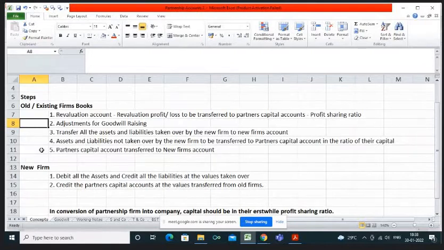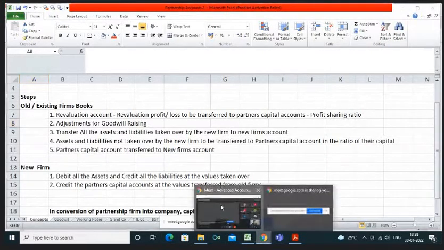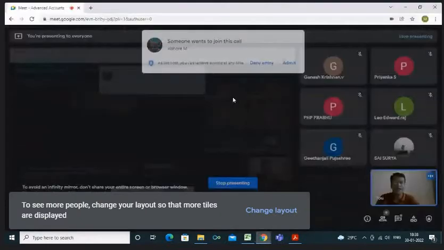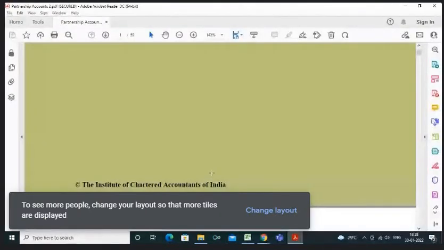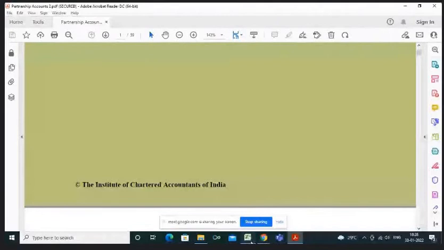What is a revaluation? In the books we have the historical cost. All the assets and liabilities are shown at the historical cost. Since the firm is now amalgamated, we have to bring in the market price.